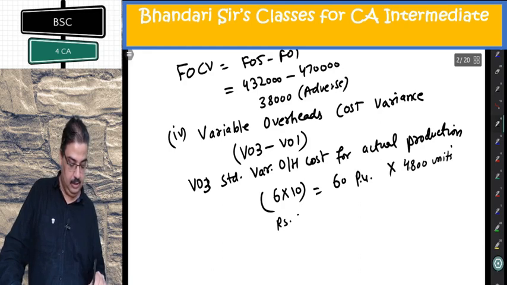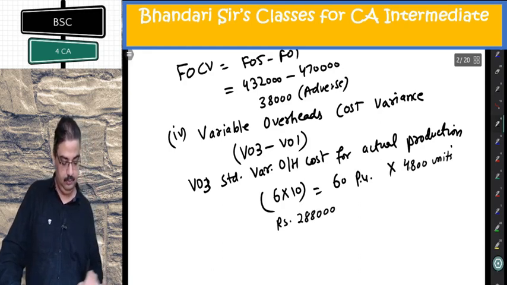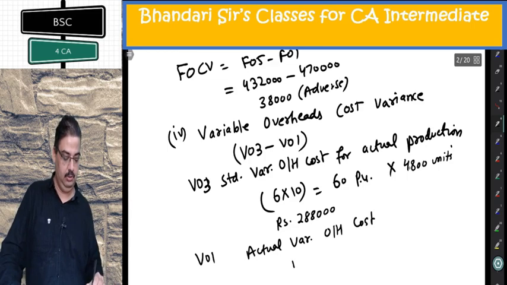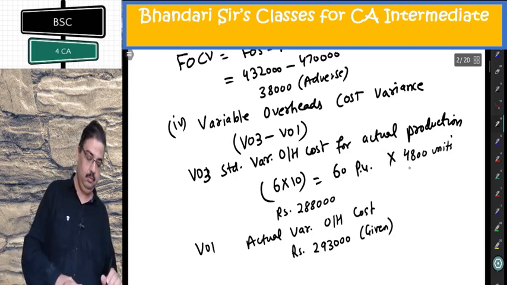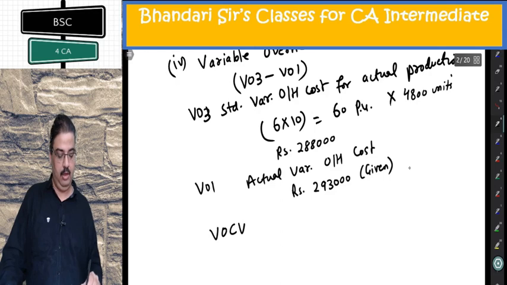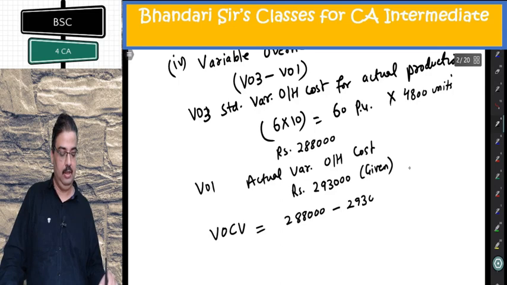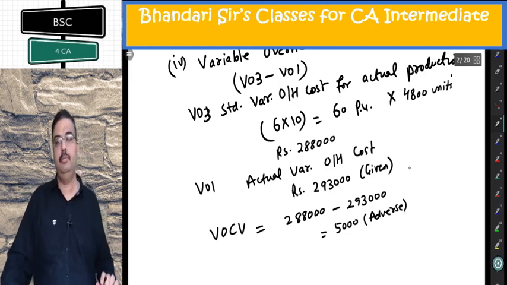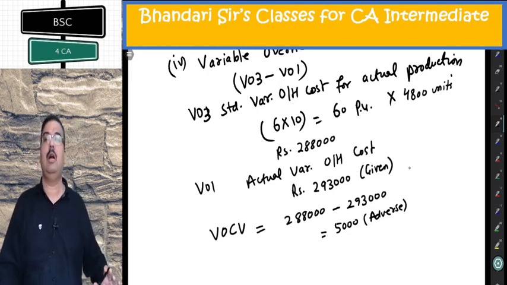I get rupees 2,88,000. VO1, actual variable overhead cost, 2,93,000 given. Variable overhead cost variance, 2,88,000 minus 2,93,000, 5,000 adverse. Sorry, computed. That is the ultimate answer of this. This is complete E5.